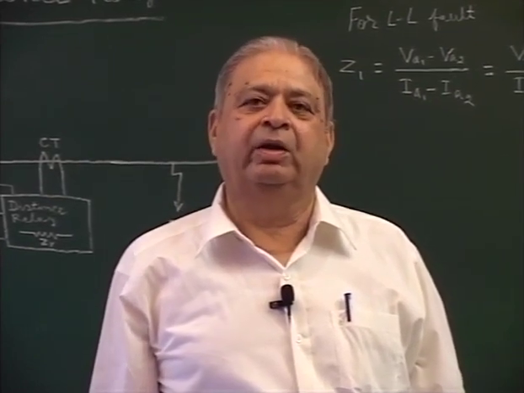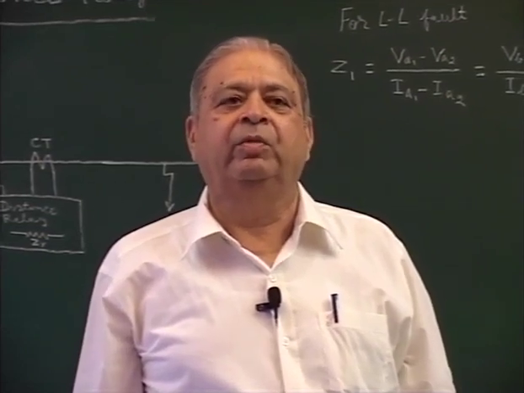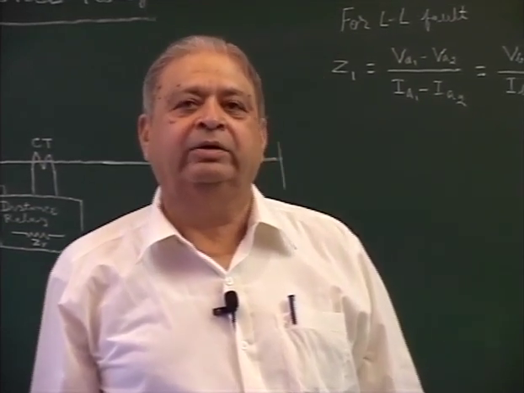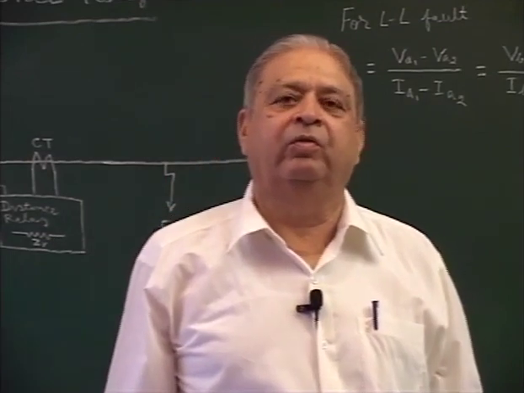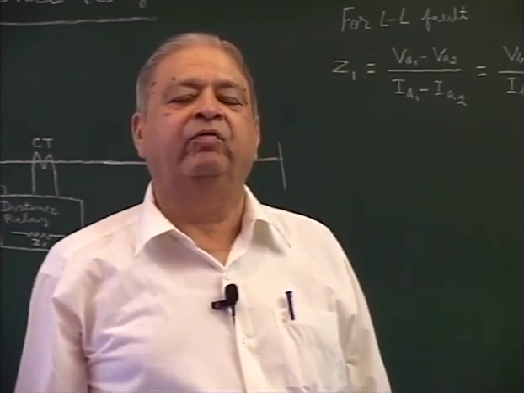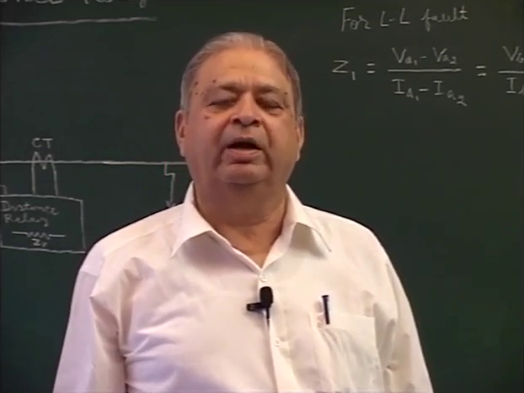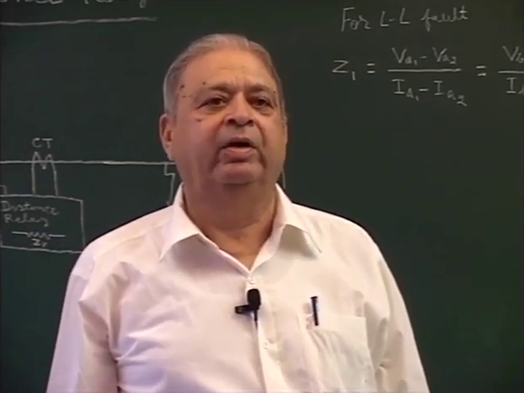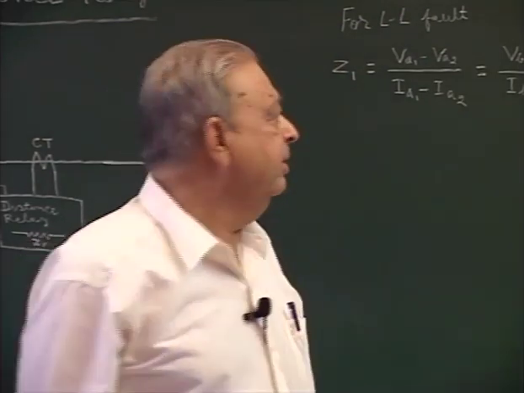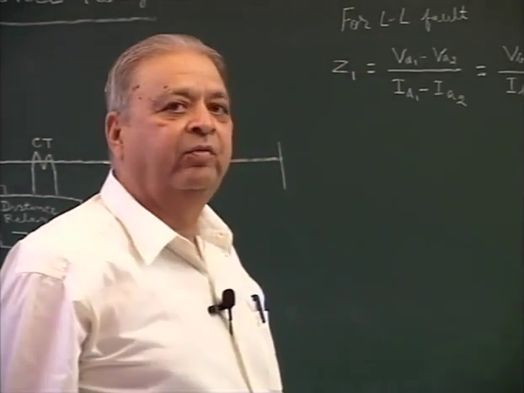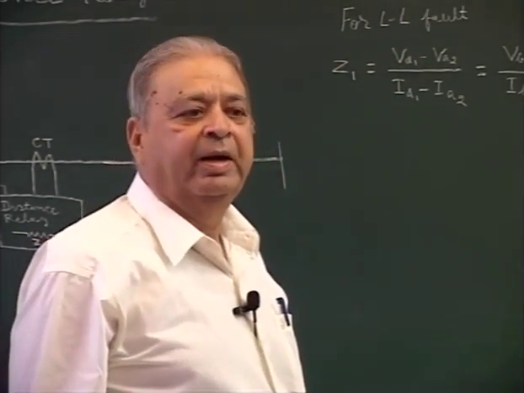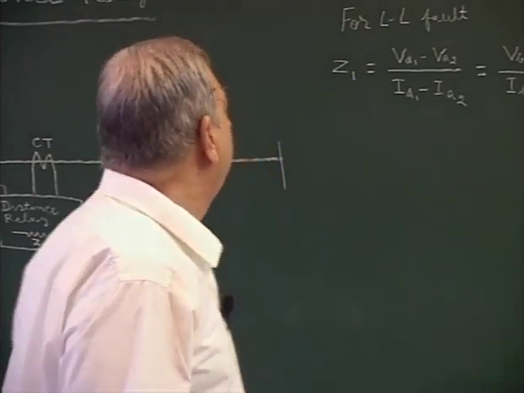So, by taking the voltage between two legs, we can take a voltage of VB minus VC, and we connect the secondaries of the three CTs in delta connection, so that IB minus IC is directly obtained from one of the corner of the delta connection.